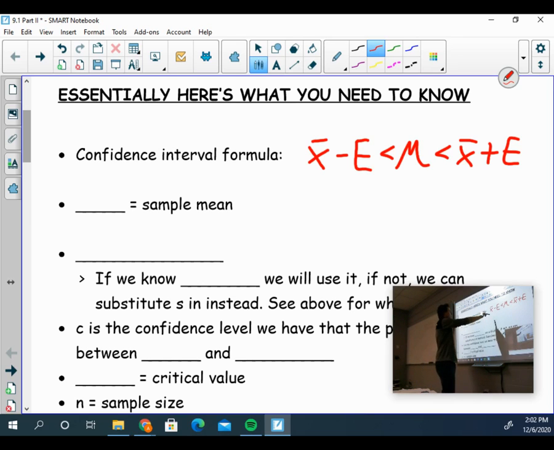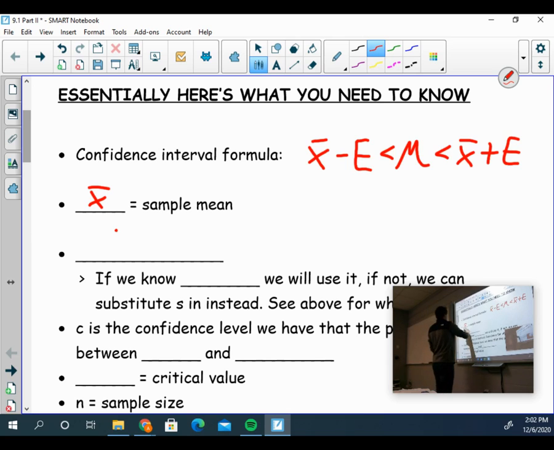Specifically, we're coming up with an interval that we know the population mean is between with some degree of confidence: 90%, 95%, 99%, etc. X bar is going to be your sample mean.